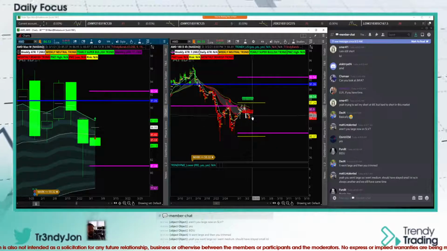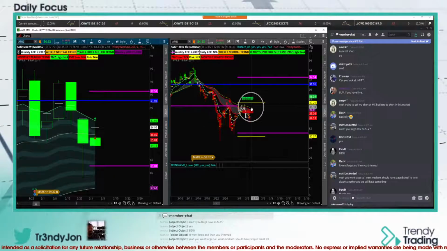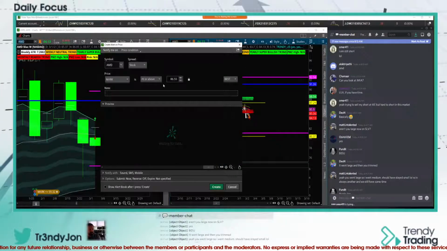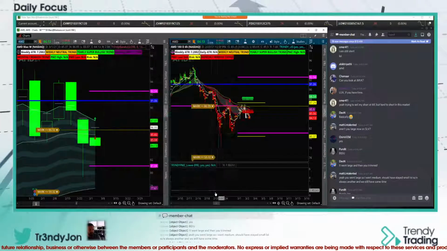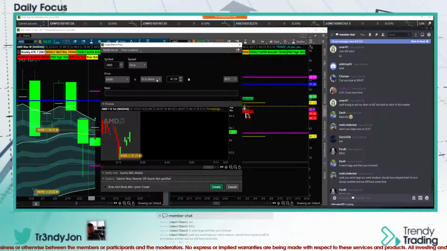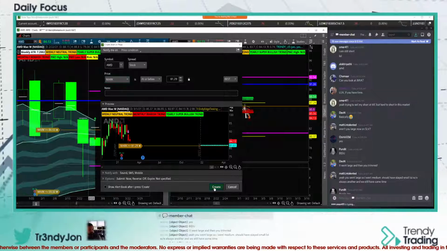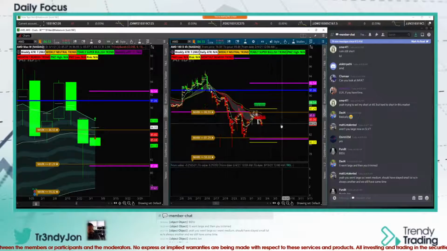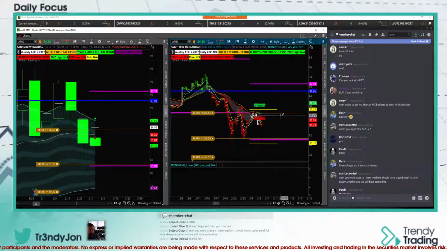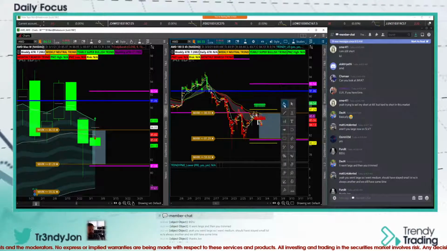I would be more interested if it can get back above the cloud. That's just me, so I'm hands off. If we get above here, around this area, then I'll be interested. I'm more interested in buying down here. It may not happen, and I might have to buy up here, but all of this for me is just hands off.